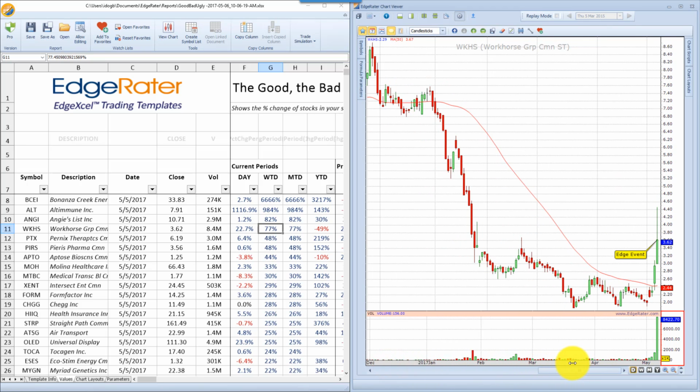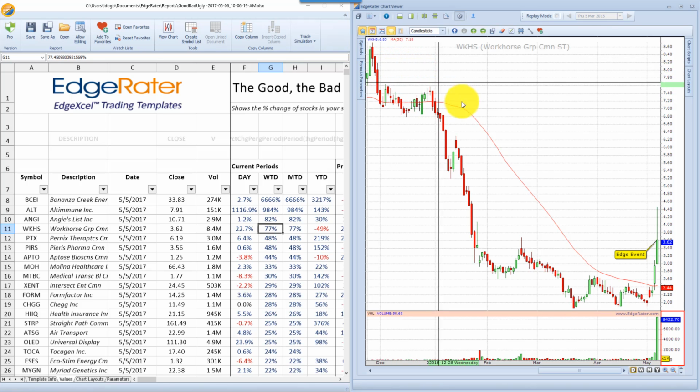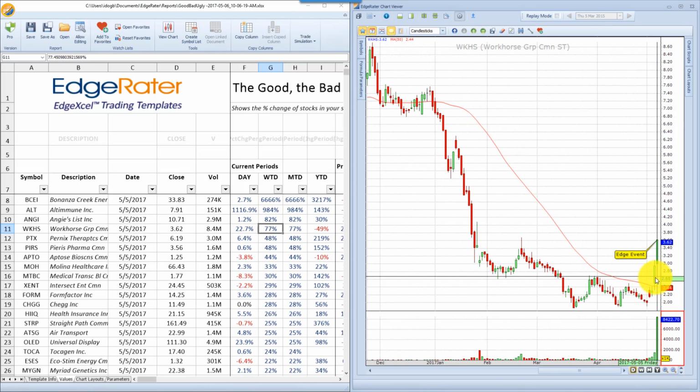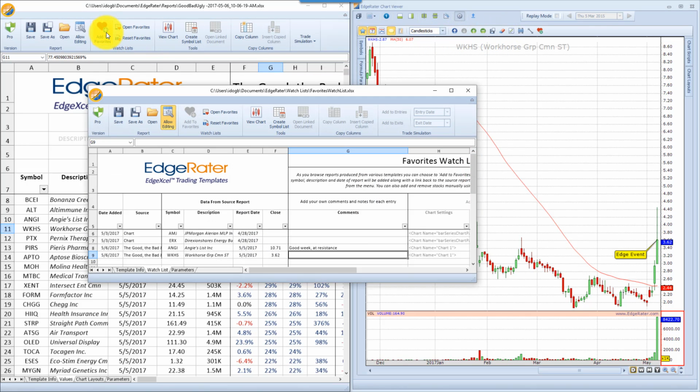So, okay, something to watch. It's now above the 50. Obviously, if stocks are going to rise, they're going to stay above their 50-period moving average. And it's come from some highs over here. And now there's some interest here, or maybe there's some short covering. But anyway, this is something to pay attention to. I'll just stick that quickly on my watch list. Add to favorites, and I'll just say watch for LRE, low risk entry. Let's stick that in there.